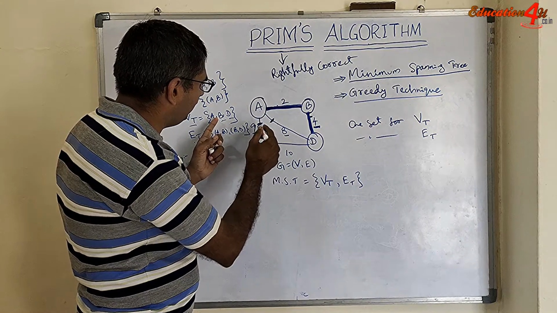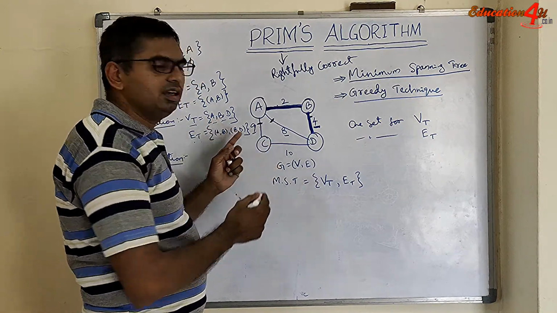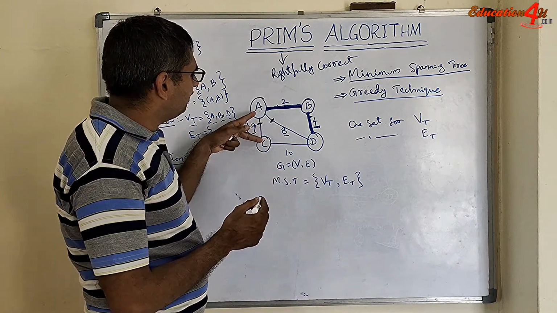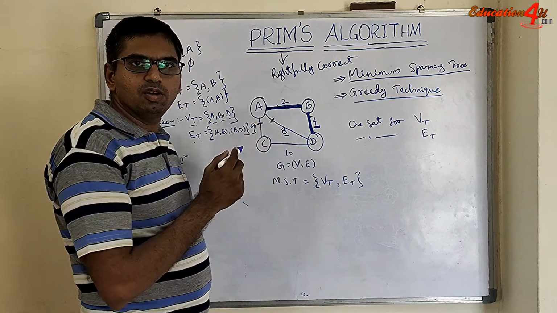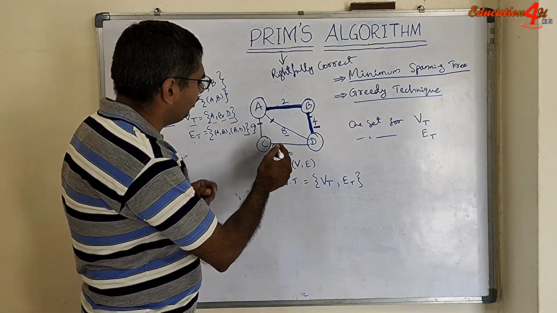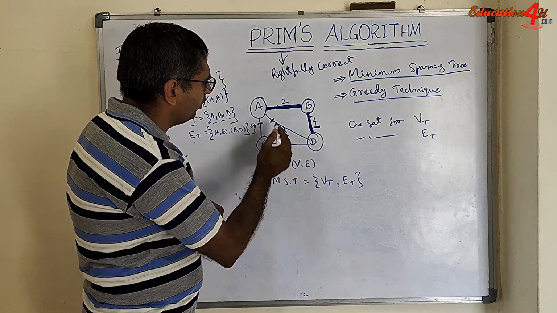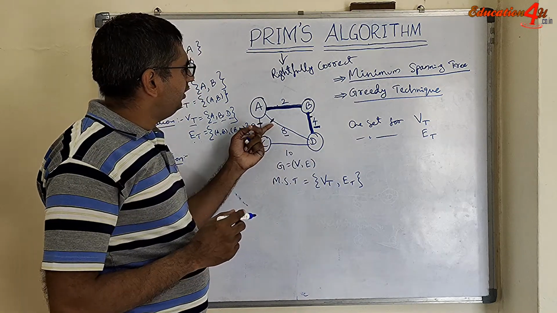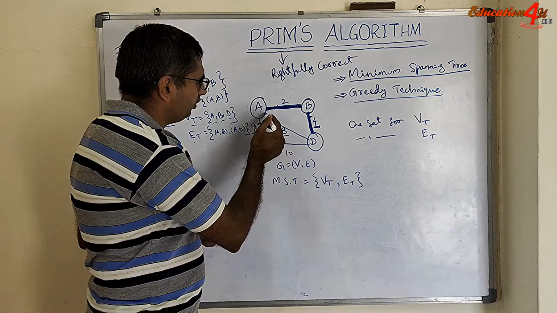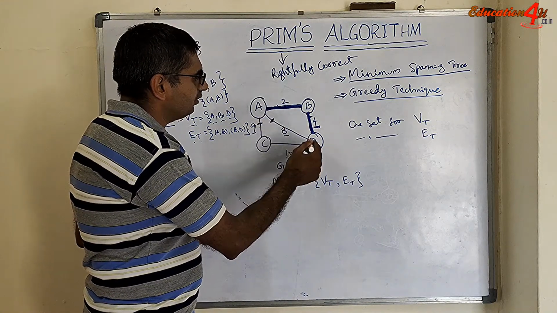Now let's see what edges qualify. Edge AC qualifies because it doesn't form any cycle. Now let us see AD. AD will not qualify because it will form a cycle.